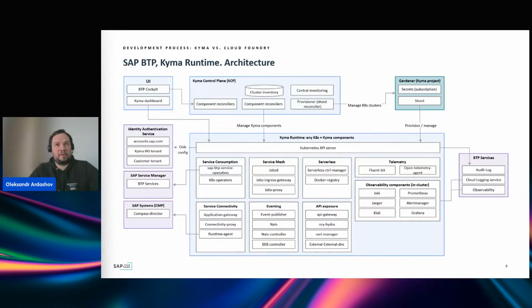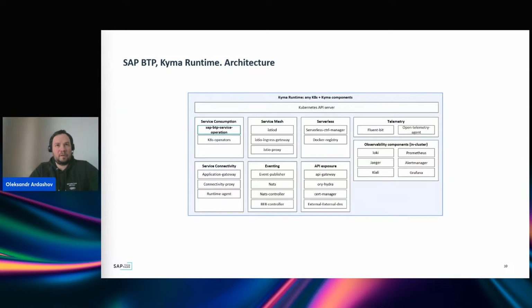Kyma control plane can start provisioning with the Gardener project, leveraging Gardener, which is another open source product. It makes available a Kubernetes cluster itself and activates some modules by default.